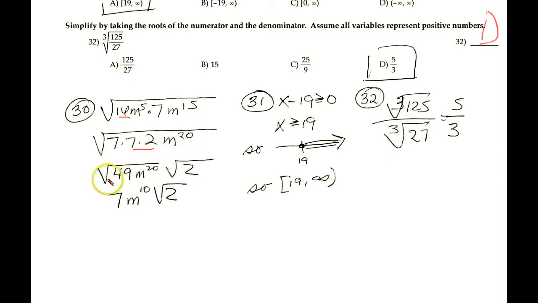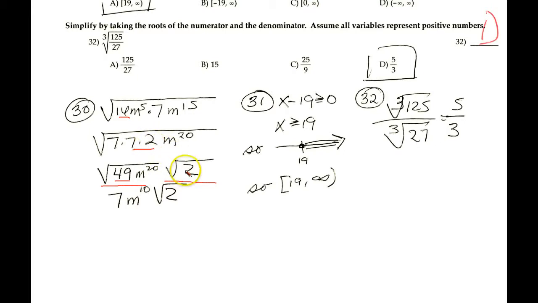Okay, now we're going to use our technique of 2 radical signs. All the perfect squares under one radical sign and whatever's left over under the other. So we have 7 times 7 there, which is 49. And then we have m to the 20th, which is, again, a perfect square.